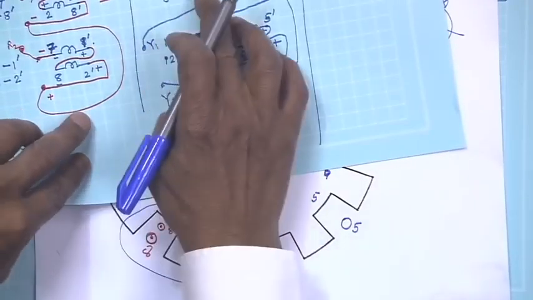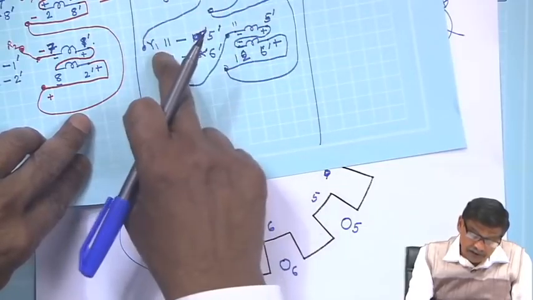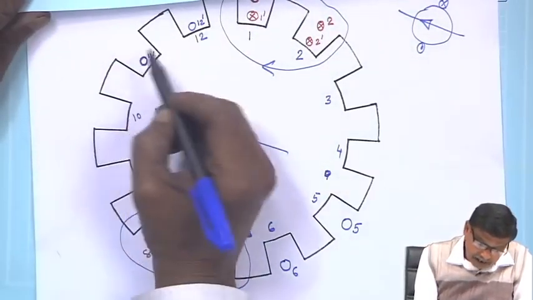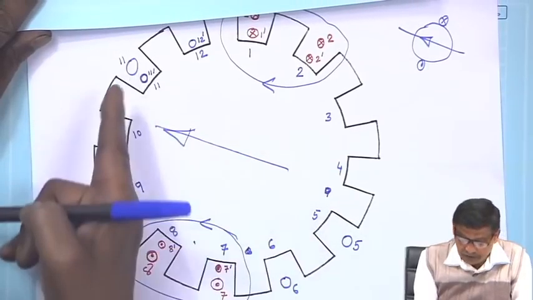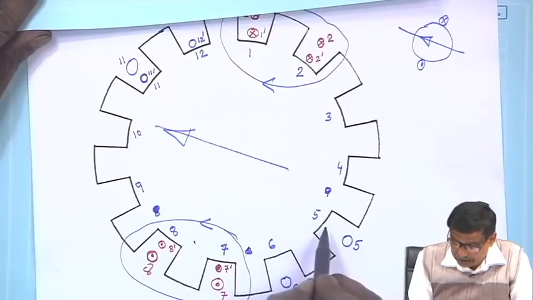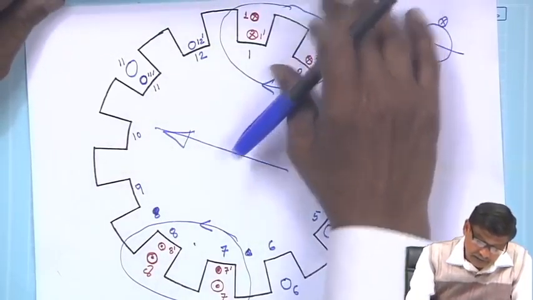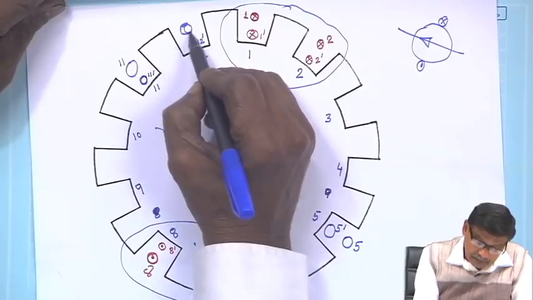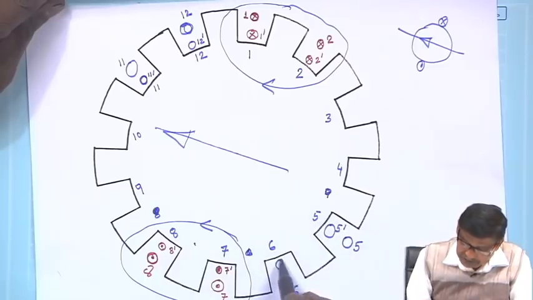But the next group of Y phase coil starts from slot number 11. So, I will draw it with a bigger thing, that is 11, second group first coil, and its return must be, of course, it is a full pitched coil, 5 dashed. And the next coil under south pole will start from 12 and will return from 6 dashed.